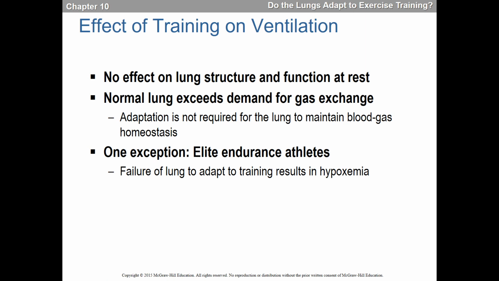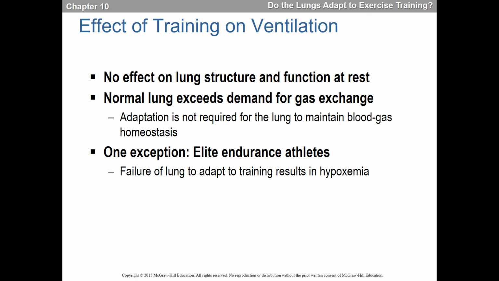Now, the effect of training on ventilation: no effect on lung structure and function at rest. Normal lungs actually exceed gas exchange needs. What do people say? They say that we're over-respirated in a way. So adaptation is not required for the lung to maintain blood gas homeostasis.